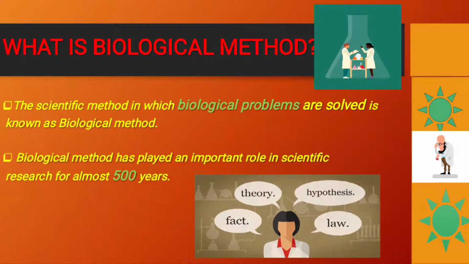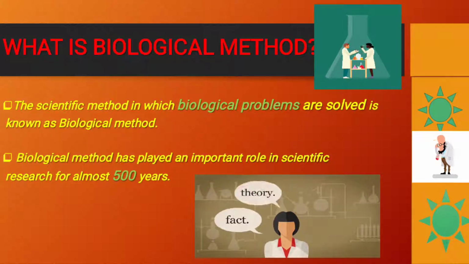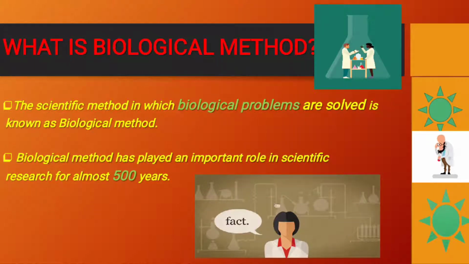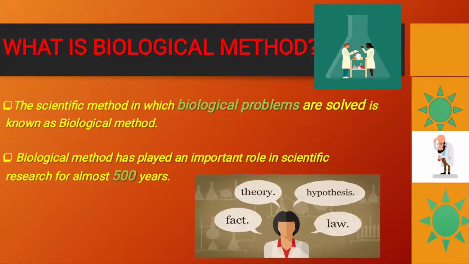Biological method has played an important role in scientific research for almost 500 years. Students, man has always been a biologist. He had to be biologist in order to live.